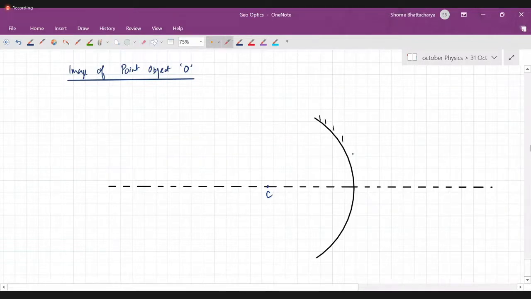So this is our concave mirror. Okay, now if we have kept a point object, let's say over here, then the line joining the center of curvature with the point object, that is called the principal axis. This line. And wherever the principal axis meets the mirror, that point is called the pole.